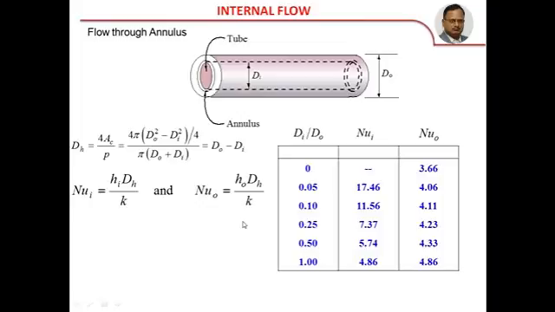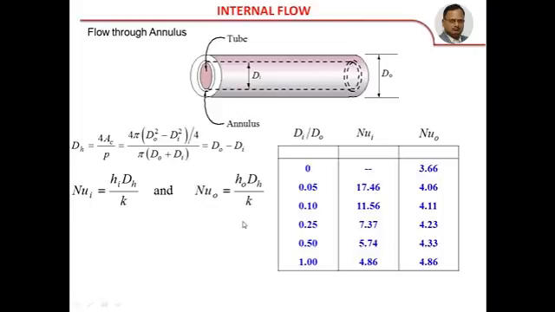The hydrodynamic boundary layer and thermal boundary layer development we have seen, and only after a certain length does the velocity profile or temperature profile remain constant. That length up to which there is a variation in velocity or temperature profile is called the entrance length. In this entrance length, the h value, friction factor, temperatures, velocities, everything will vary. And once the flow is fully developed, all are constants.